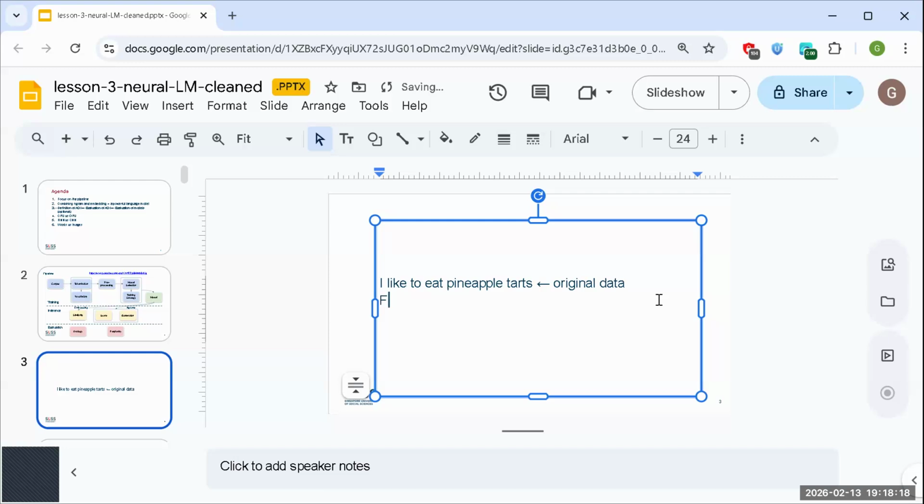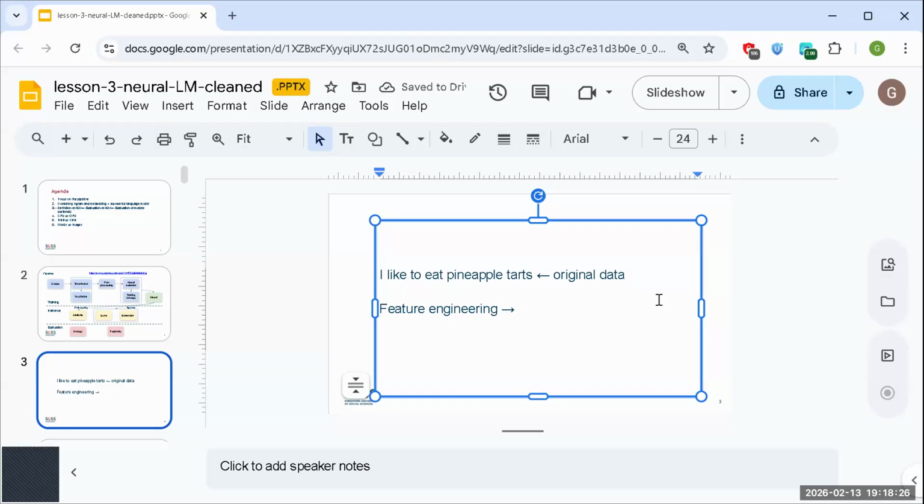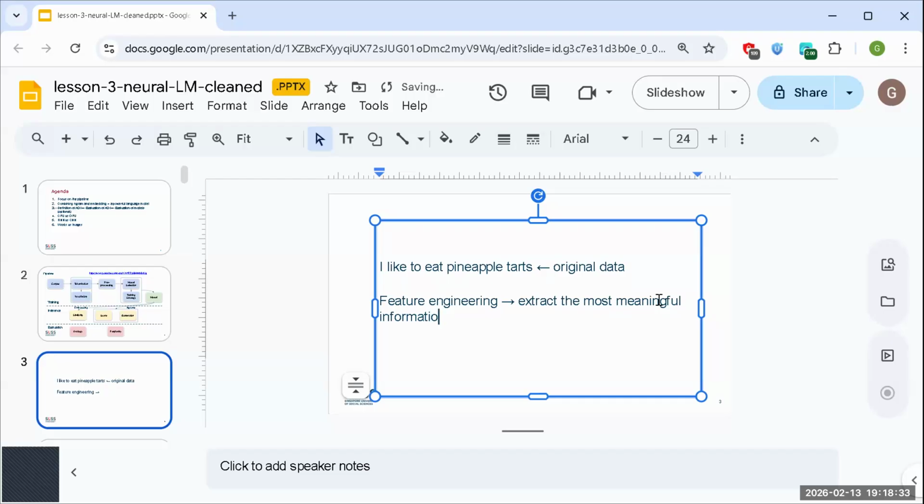So what feature engineering is, there are a few ways to explain it, but the easiest way is that you want to extract the most meaningful information from the original data, yet still retain the meaning.